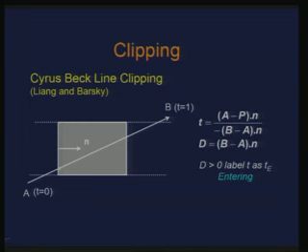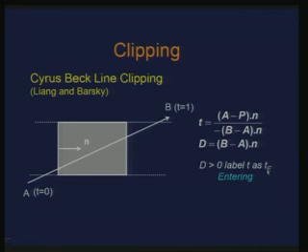Now, let us try to evaluate this denominator term which I have here, B minus A dot n, which I call D. Now, just look at the sign of this. If the sign of D is positive, that means D is greater than 0, then I label the t which I have computed as T e.